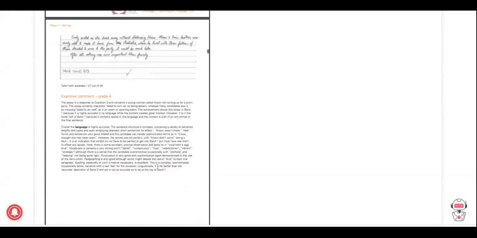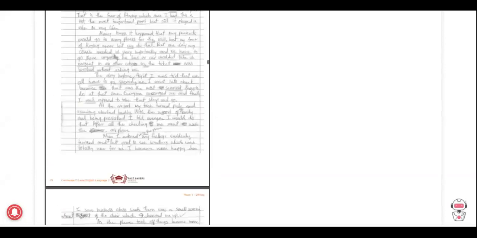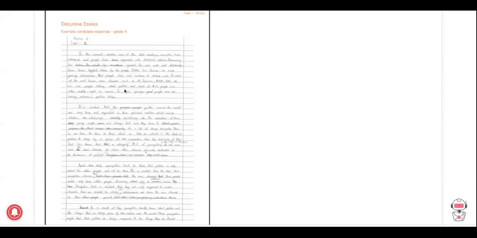Right. So this is a grade A response that they got, and the response was, in the current modern era of the 21st century, societies have advanced and people have organized into different motions. Now, this is a fact that he's given, hence the hook of his introduction. Democracy has spread far and wide, and dictatorships have been toppled down by people.